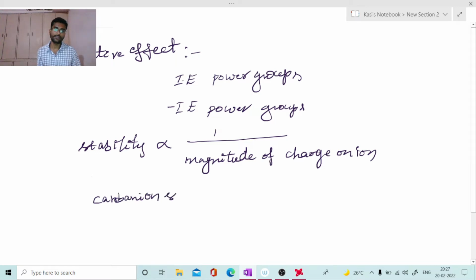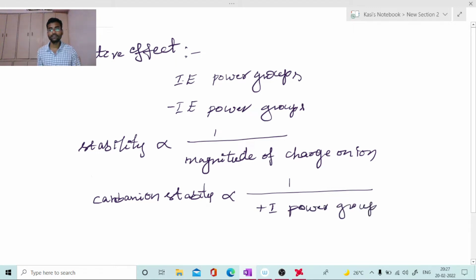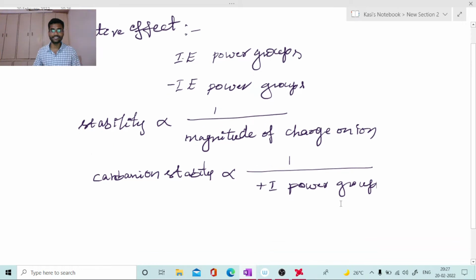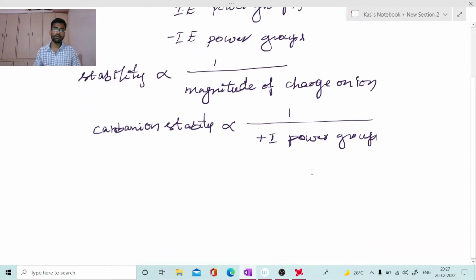The carbanion stability is inversely proportional to plus I groups, because if the number of plus I groups increases, more electron density will increase on the carbanion. Hence the magnitude of charge increases, then the stability decreases.